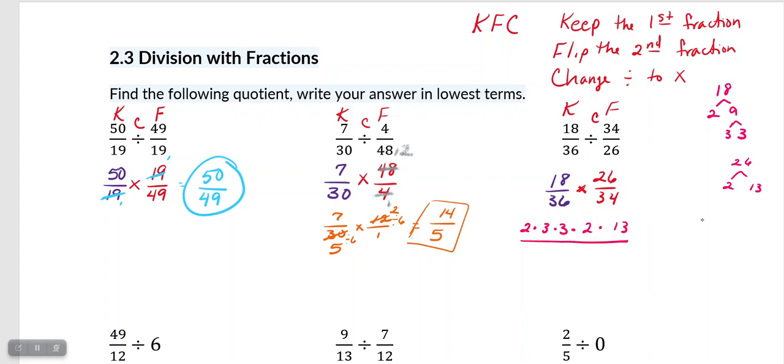And then on the bottom, 36 is 4 and 9, which would be 2 and 2, 3 and 3. So 2 times 2 times 3 times 3. And 34 is 2 and 17.